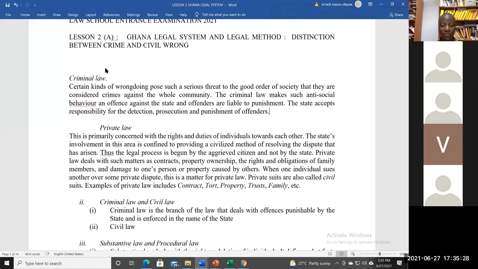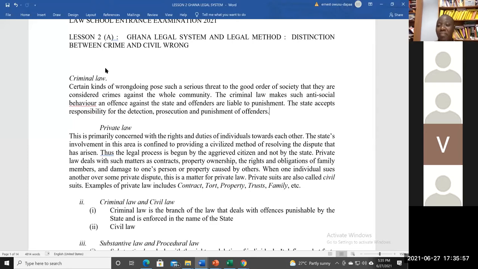The MCQ, of course, and if you look at last semester, there wasn't any direct question on the Ghana legal system, but who can tell whether this particular year there will be one.